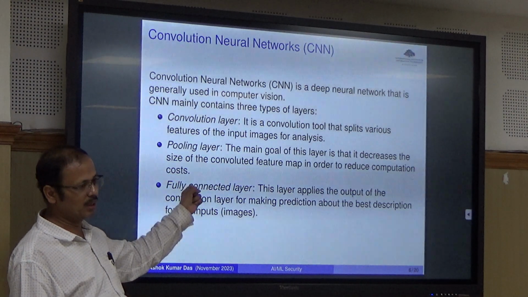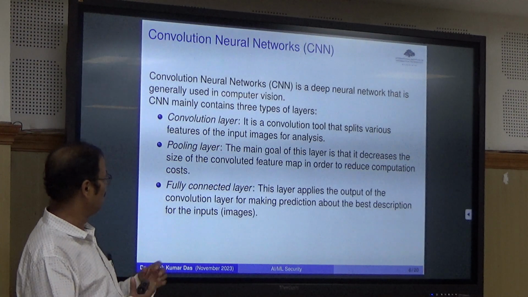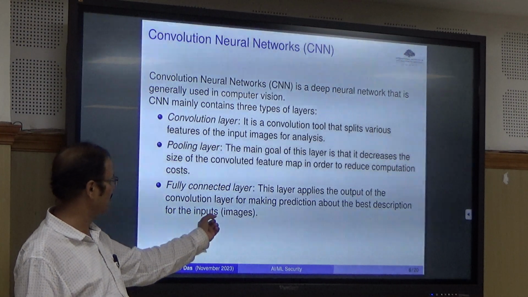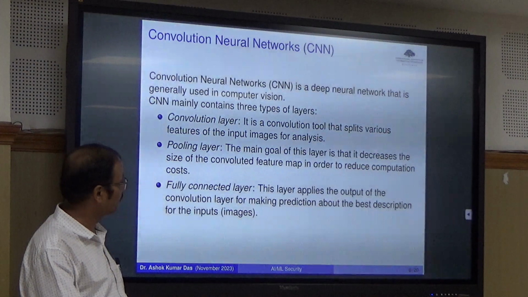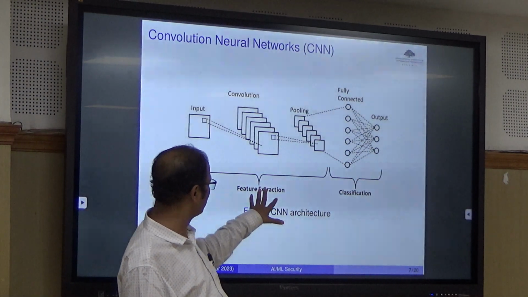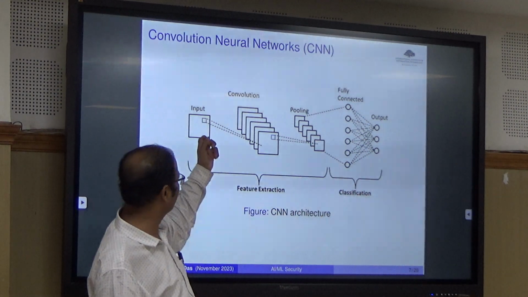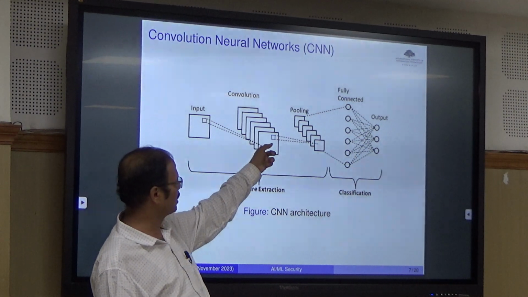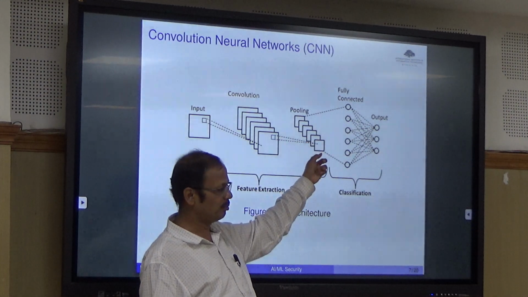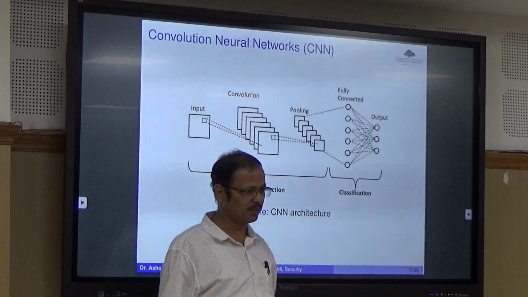Finally, the fully connected layer makes the predictions about the input. So in the CNN architecture we have two steps: feature extraction and classification. We take the input image, extract the features, reduce the features, and finally classify.